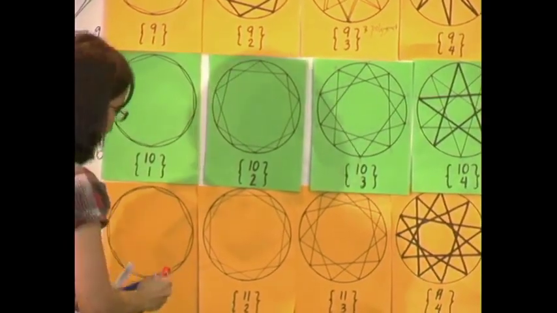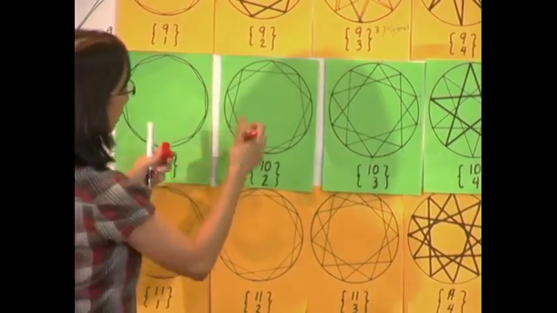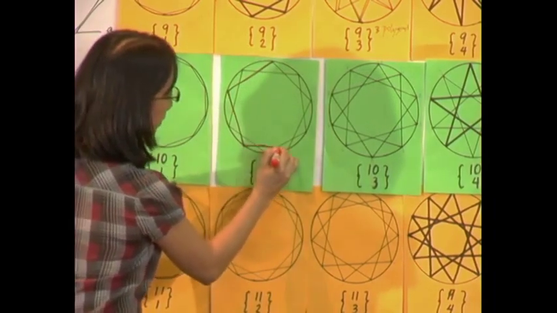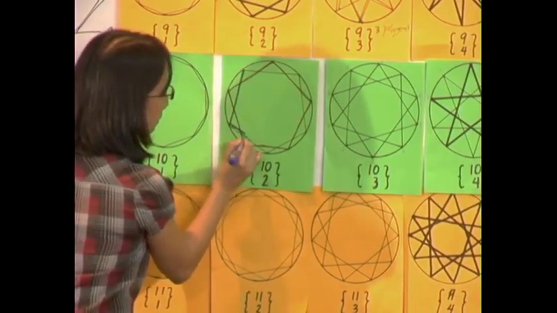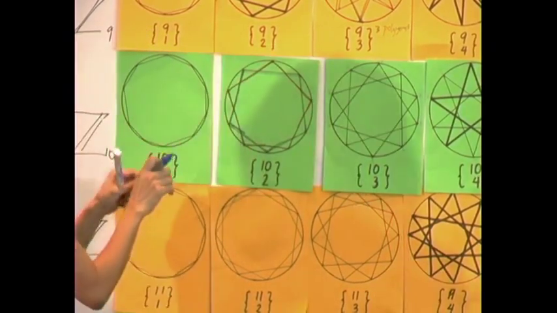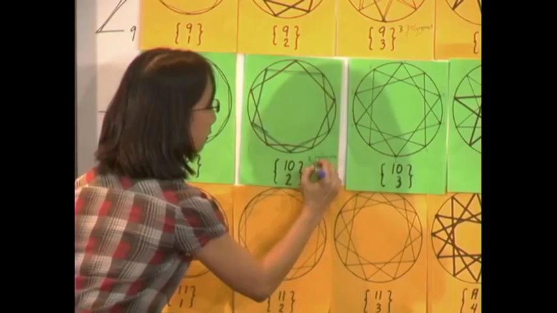How many independent figures were used? This one. That's the first one. And here's another one. So we were able to form 2 polygons of side 5 each.